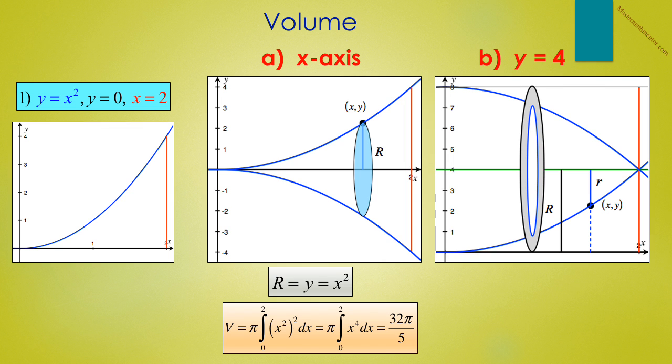Part B is a little bit more complicated. We're going to rotate our region about the line y equals 4. Our graph is shown. We draw the curve and then a mirror image of the curve across the line y equals 4.